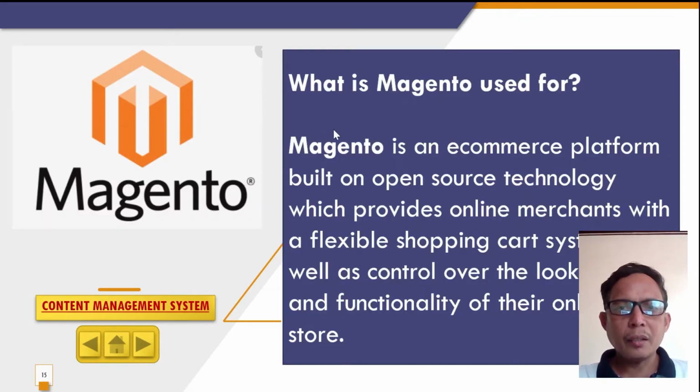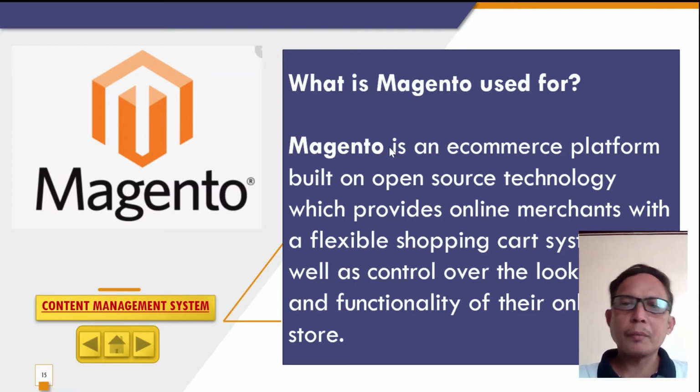Next is Magento. What is Magento used for? Magento is an e-commerce platform built on open source technology which provides online merchants with a flexible shopping cart system as well as control over the look, content, and functionality of their own store.